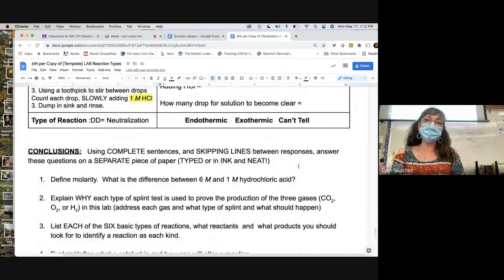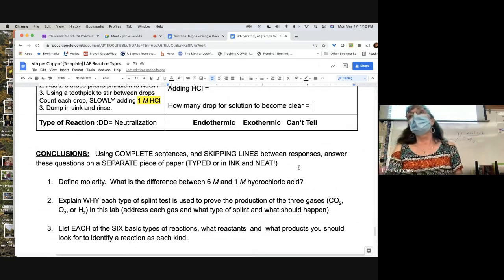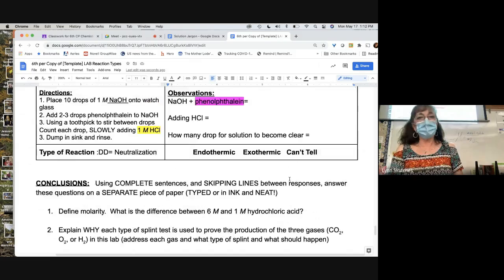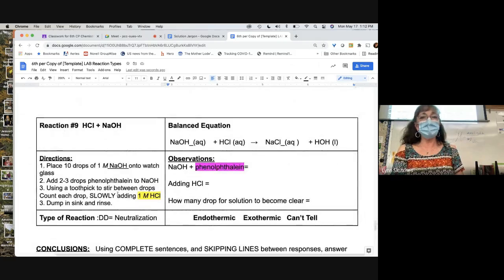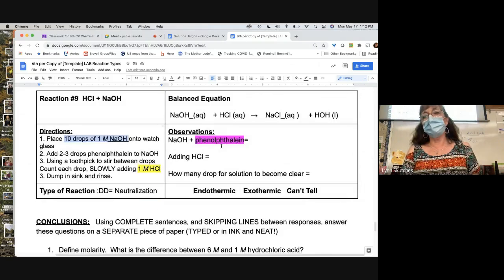Did anybody get them close to equal? Like 10 and 11 or 10 and 12 or something? 12 and 13. Okay. 3 and 4. But you put 10 in. So 10 drops of sodium hydroxide should have gone with 10 drops of 1 molar hydrogen chloride, because 1 hydroxide, 1 hydrogen should make 1 water.